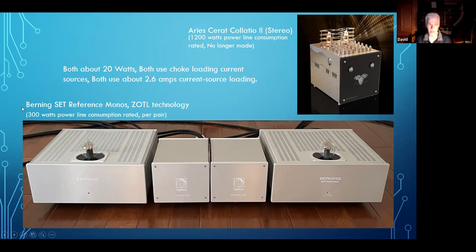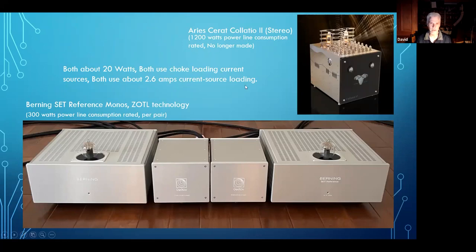So this is the reference monos that use the very, very linear 845 output tube, just one output tube. It can also take the 211. The power consumption on a pair of these is 300 watts, a factor of 4 lower than the multi-tube in parallel approach. Interestingly, digging through the details, both amplifiers put out about 20 watts.